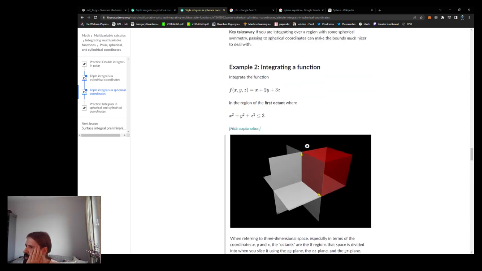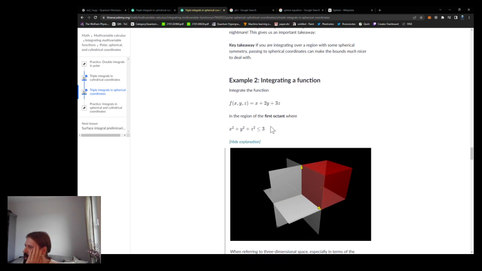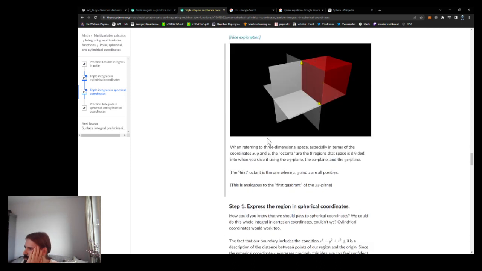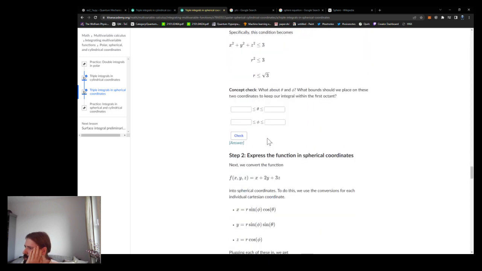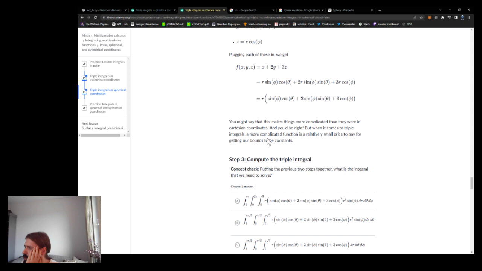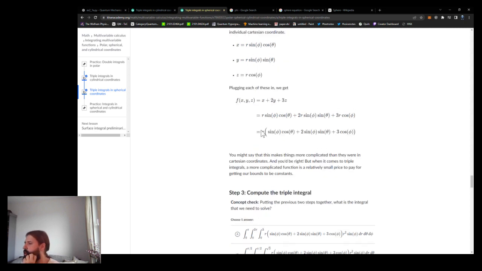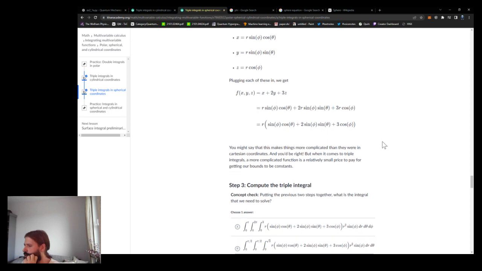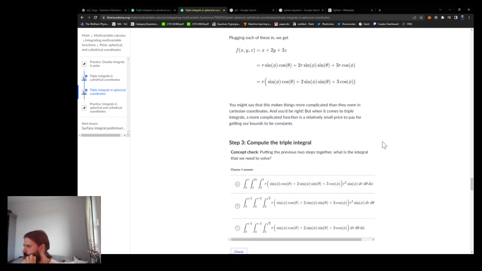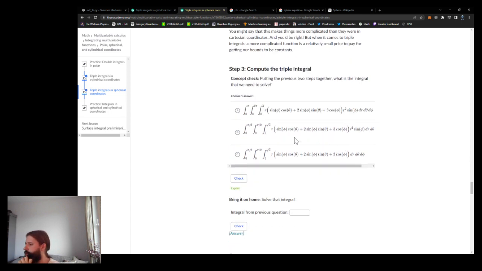But it's different, because it gives you the region, and then you express the region in spherical coordinates. We get that this is the function, and then we compute the integral.